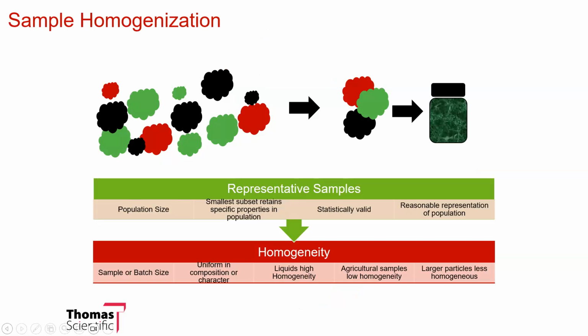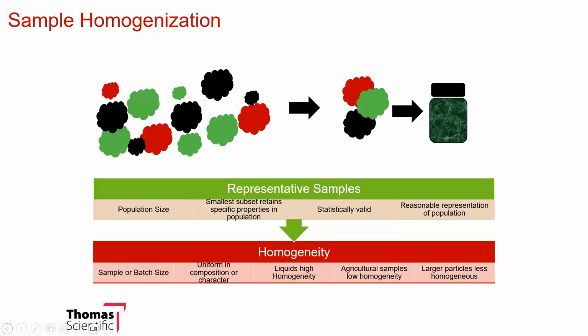So imagine that you're in an apple orchard, and they have lots of different apples and lots of different trees all over this apple orchard. You want to make sure that if you're sampling the entire orchard population, that you're representing all the different variations to some degree in your subset. And this subset has to be statistically valid, and it has to reasonably represent the population.